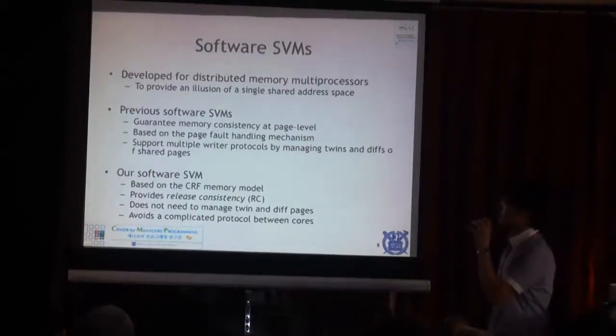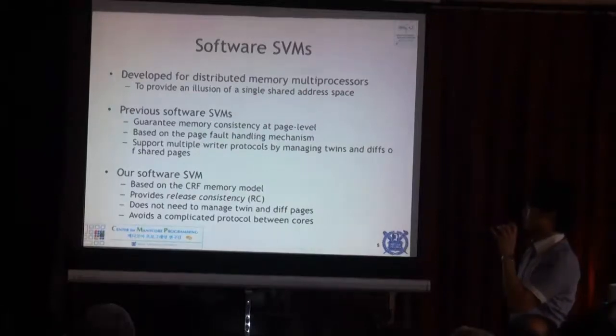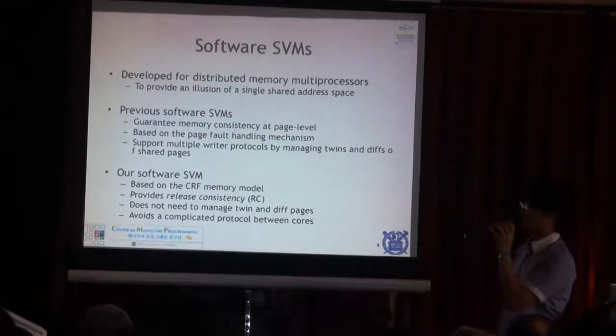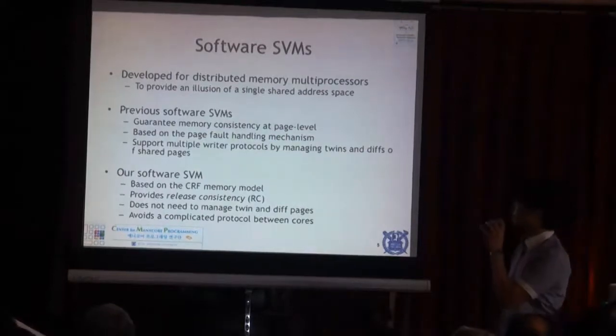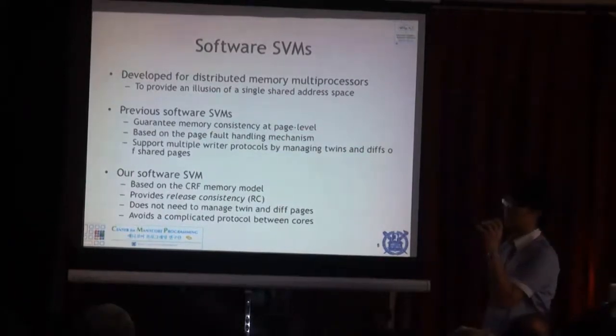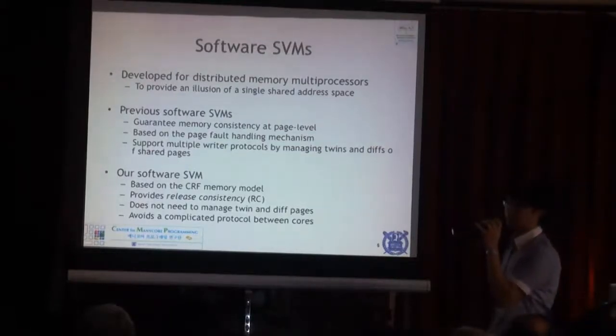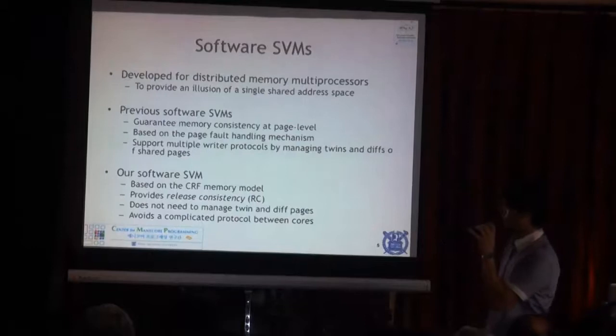Our software SVM is based on the CRF memory model and provides less consistency. Thanks to the CRF memory model, it does not need to manage twin and diff pages. We could avoid a complicated protocol between cores because the main memory can be configured to be physically shared between different cores.